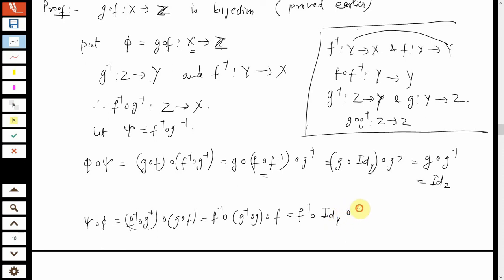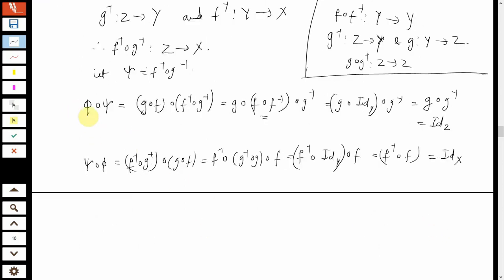Any map acting with an identity map gives me the same map again, so this would be F inverse composite F. Then F inverse composite F is a map from X to X, and therefore, by the definition of F inverse, this has to be an identity over X. And so we have proved that the composition of these two maps is the identity over the domain of one map and the identity over the domain of the other map, that is phi, respectively.